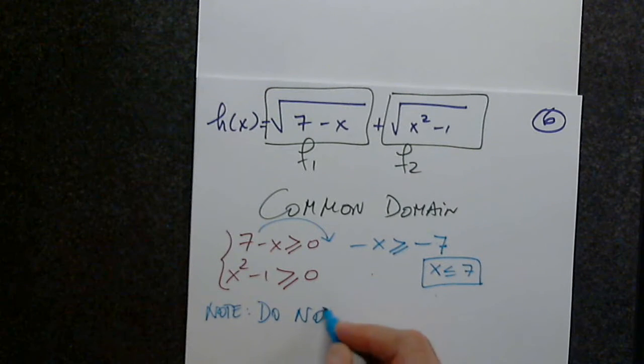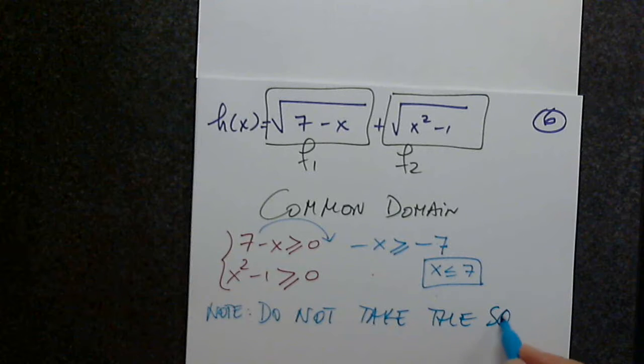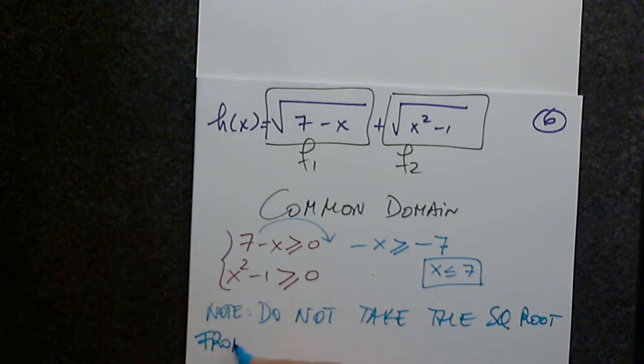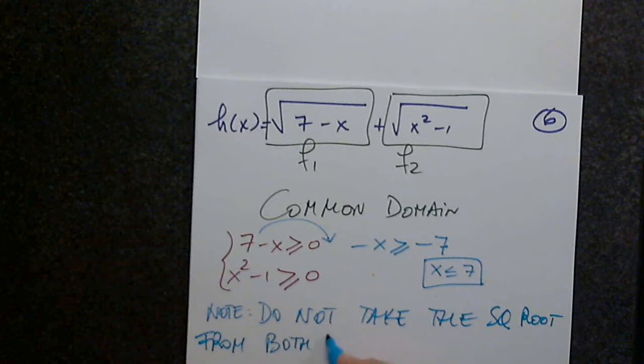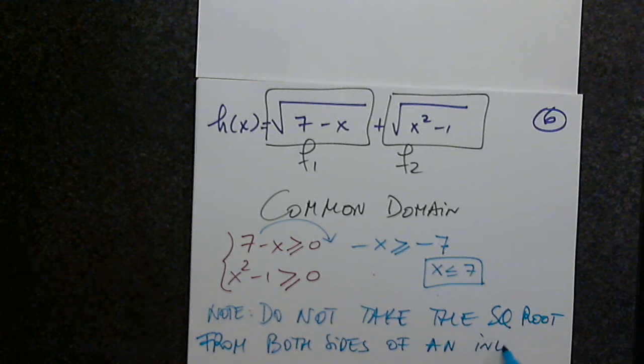Do not take the square root from both sides of an inequality. So do not say I move 1 and take square roots. It's not allowed, not possible.